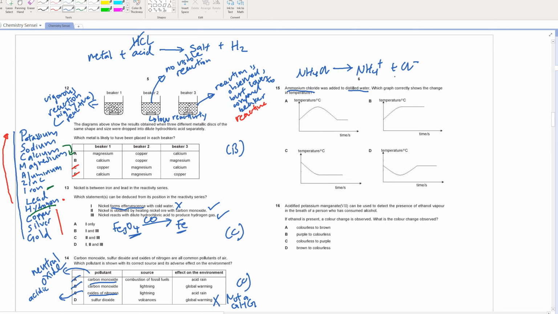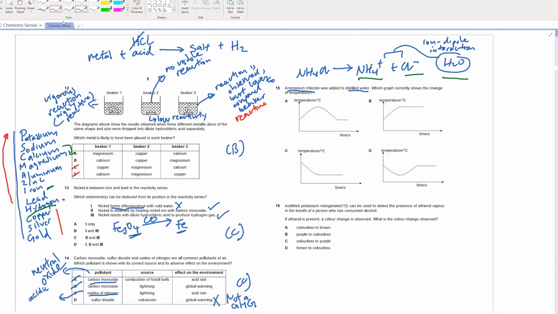This reaction is stable because water is able to help stabilize the charges through ion-dipole interaction. There is an interaction between the ammonium and chloride ion with water.